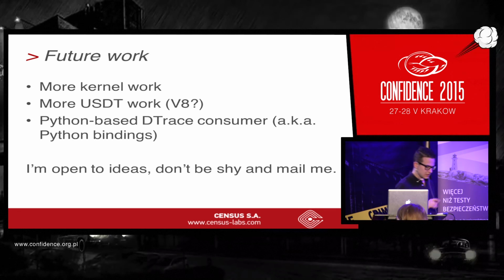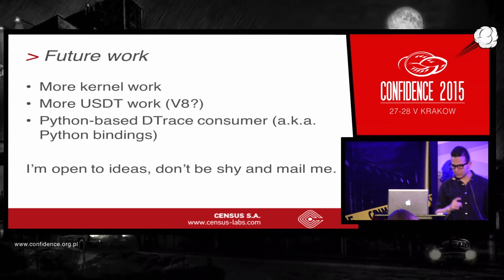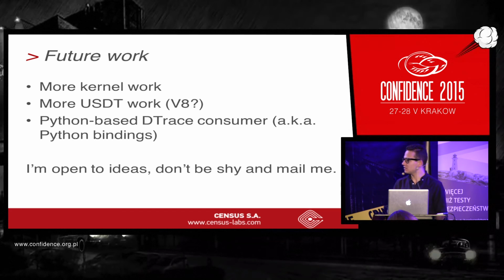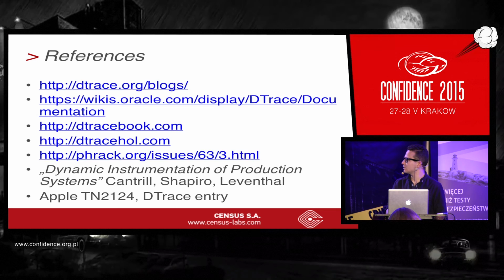There are Ruby bindings for DTrace, but I don't code in Ruby, so I didn't use that. I'm open to ideas, so you can mail me if you have something in mind. Yeah, and that would be it. References are links, so you can just check them out later.